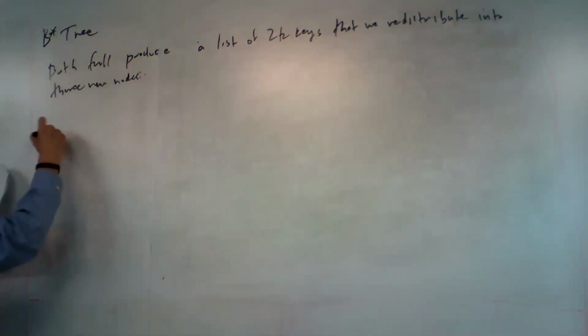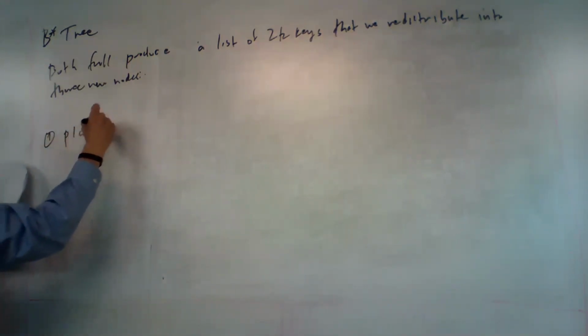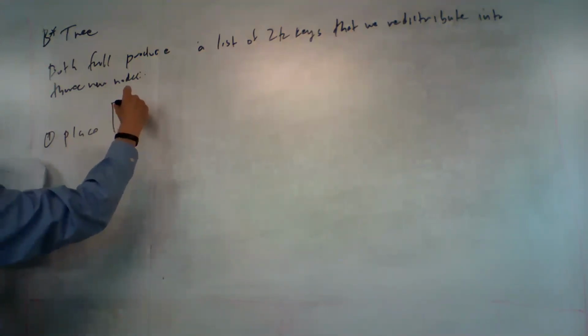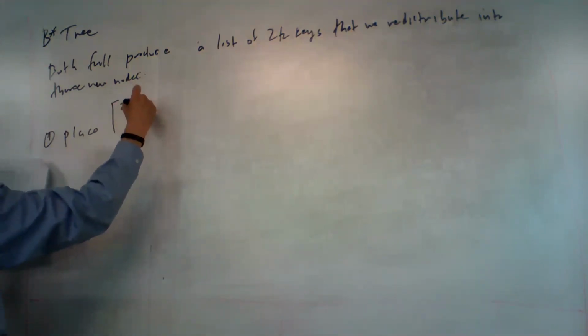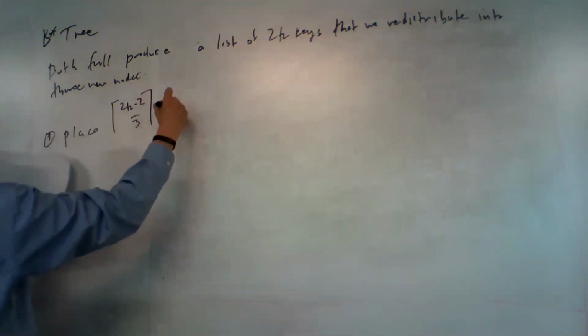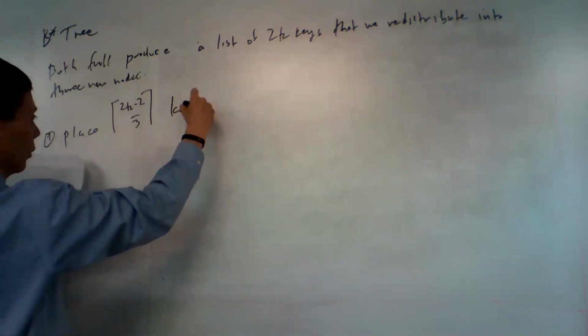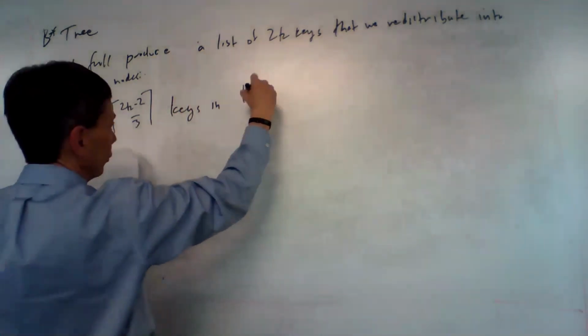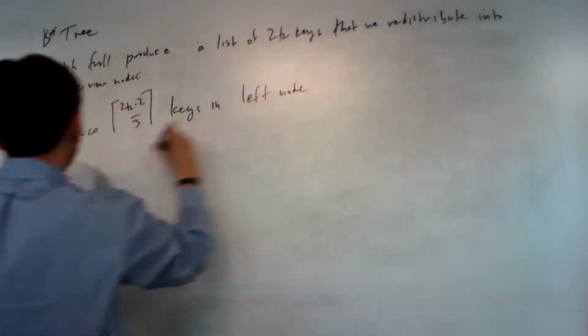So first, you place ceiling of (2K minus 2) over 3 keys in the left node.